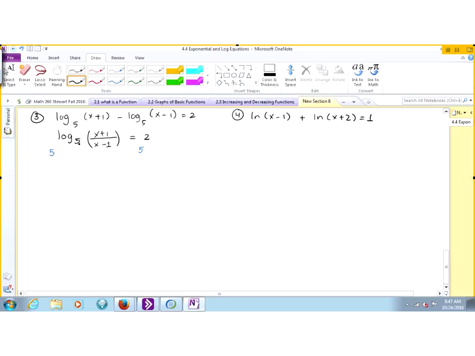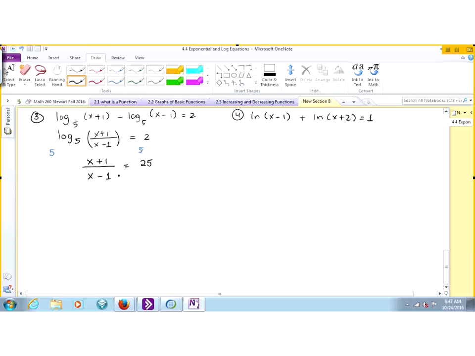Oh, okay. When I raise 5 to the left-hand side, what do I have? x plus 1 over x minus 1. When I raise 5 to the right-hand side, what do I have? 25. 5 squared is 25.